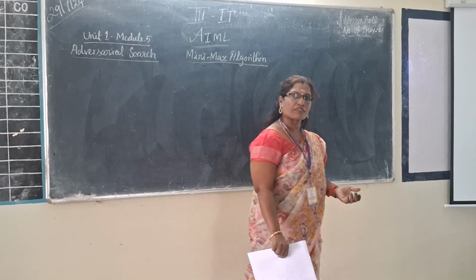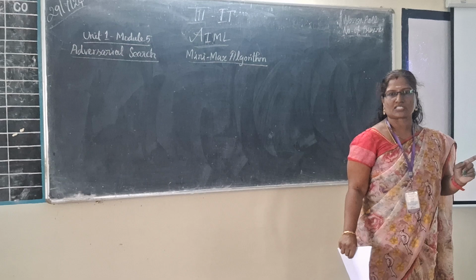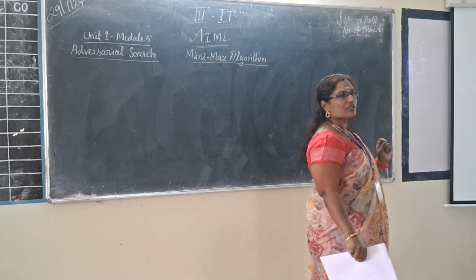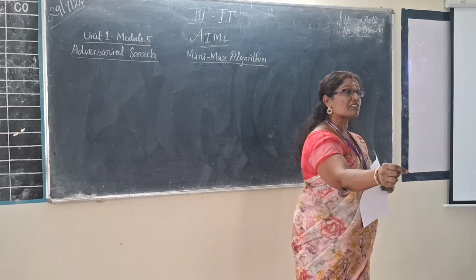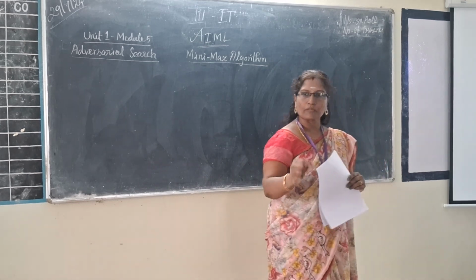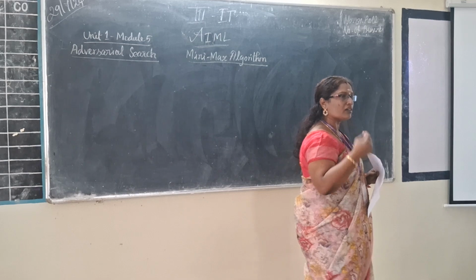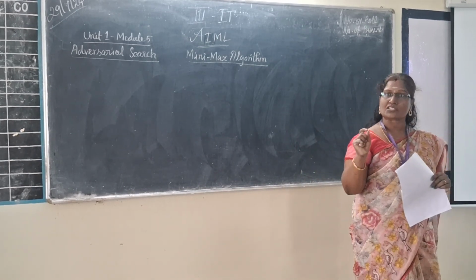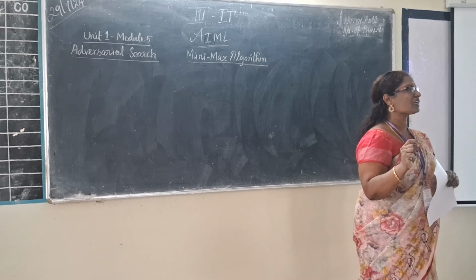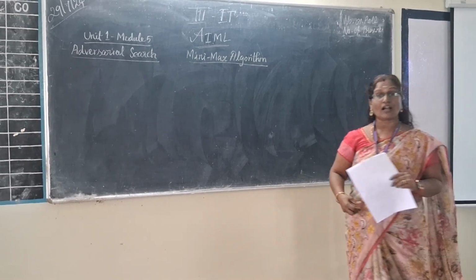There are various types of games, deterministic and non-deterministic or stochastic. What do we mean by deterministic? For each move I will be able to know what the next step will be. If I move this coin, this will be the result. So I can determine the result of each and every action. That we call deterministic. Non-deterministic means I will not be able to, like when you are playing a card game.